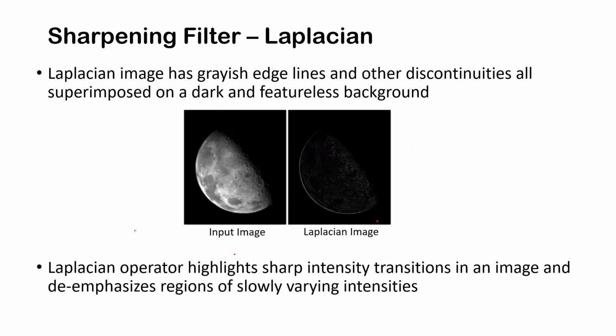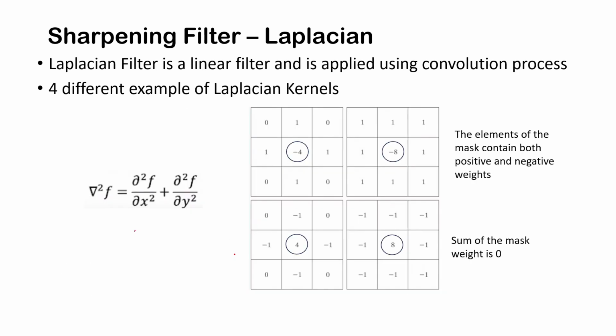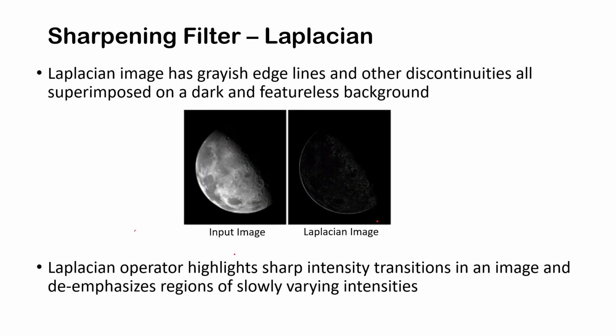So what do you do? When you run an image with this Laplacian kernel, it is going to find the edges of the image. The Laplacian image has grayish edge lines and other discontinuities, all superimposed on a dark, featureless background. This is the result, the Laplacian image. Not really good, right? You still cannot see the real one.